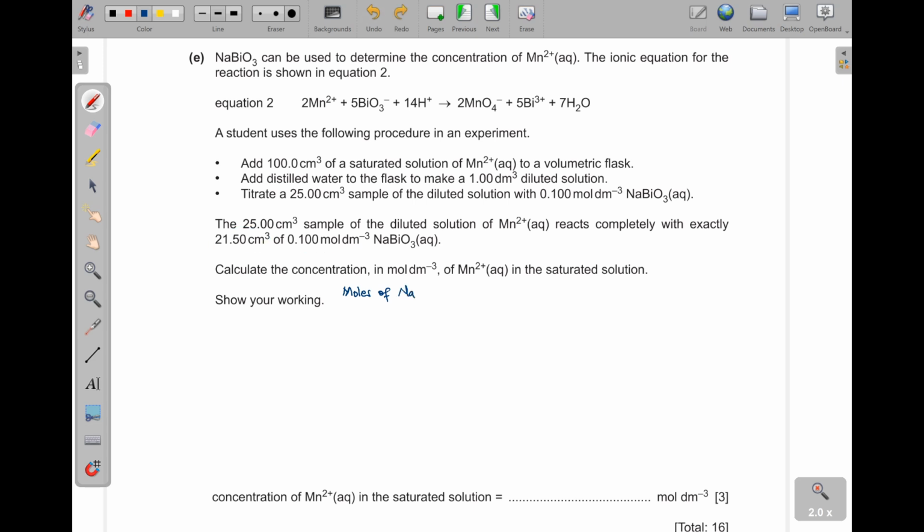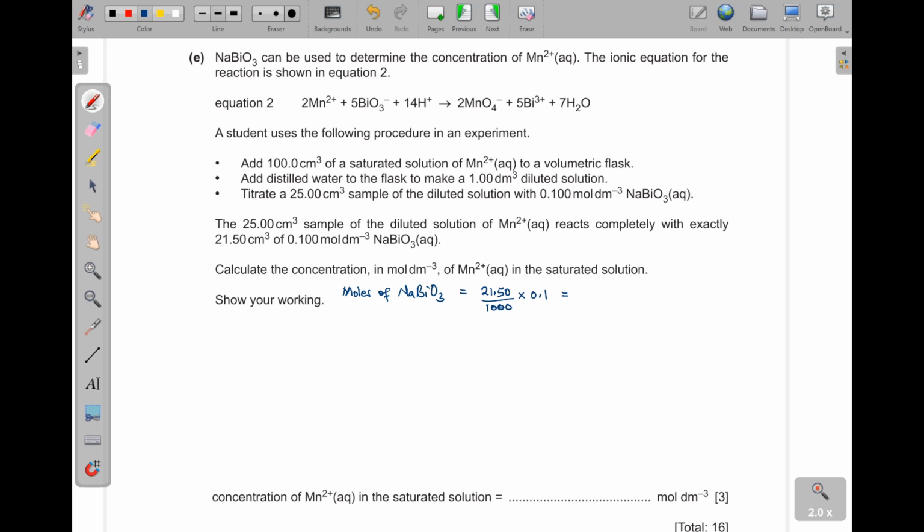the molarity here. So for sodium bismuthate, the moles we are going to have, this is 21.5, which has to be in a liter, so out of 1,000, then times the 0.1 here. Why do we do this?